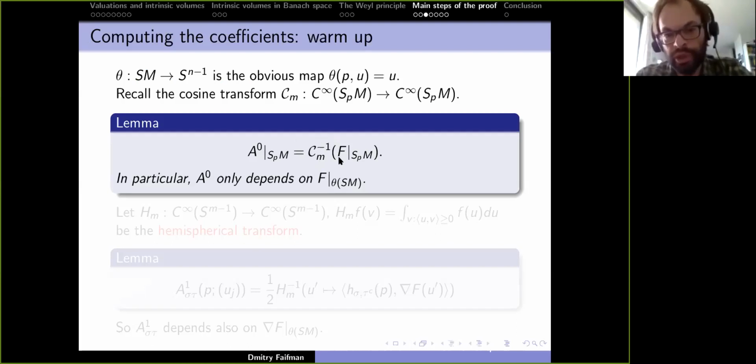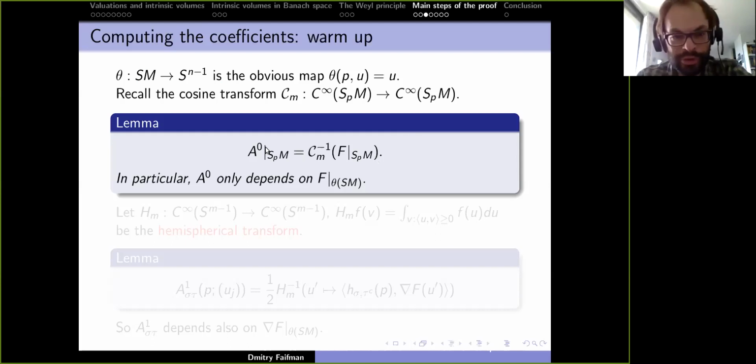Basically, this coefficient doesn't know about the curvature of the manifold. You would get the same thing for a flat m-dimensional thing. That's also why it's immediately clear that it's intrinsic, because in the linear category, we definitely had intrinsicality of our intrinsic volumes.